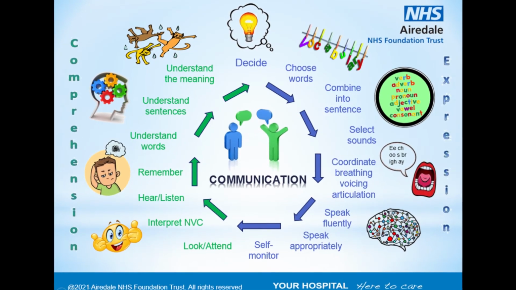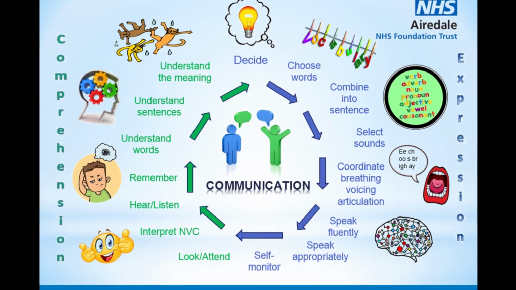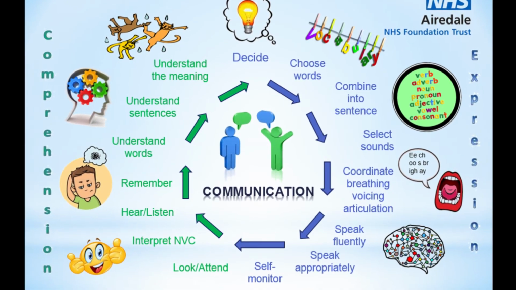And the point is that if you're struggling to understand what's being said to you, you will then struggle to formulate your own response, because this chain goes round and round. So once you've said something to a child, they then have to respond. And if they can't understand or they're struggling to respond, it's going to be difficult for them.